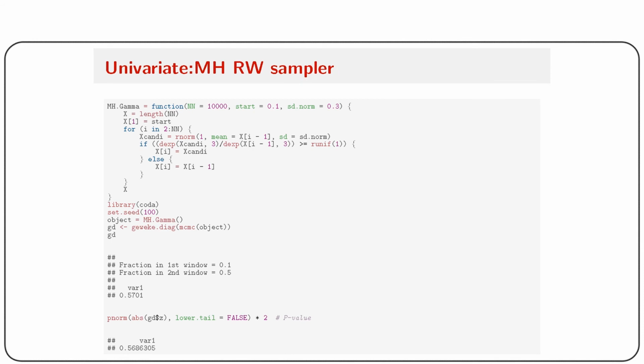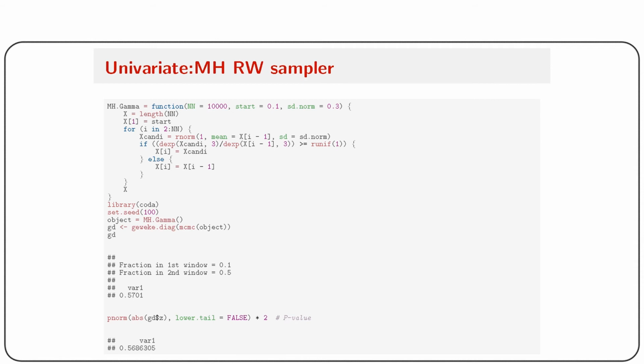Here is one example from a gamma distribution. This function is developed just for drawing gamma variates by a Metropolis-Hastings random walk sampler, defined here.